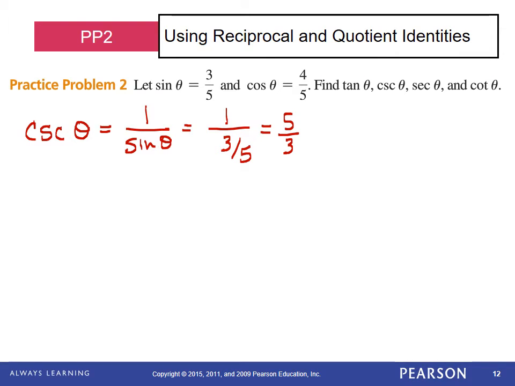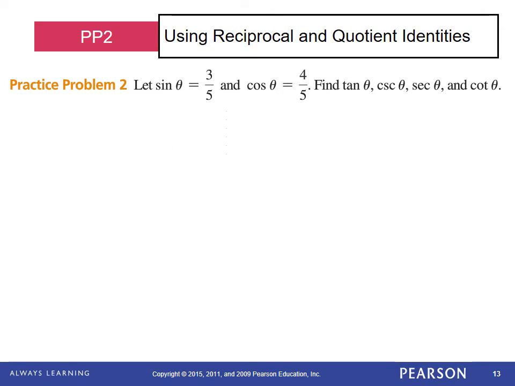No, you don't. I think you know how to take a reciprocal of something. So the quick fast way, if you know what sine is, you can automatically say cosecant theta is 5/3. And if you know that cosine theta is 4/5, then secant theta is 5/4. That's pretty easy, just like that.